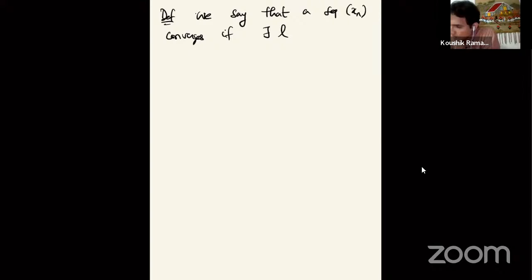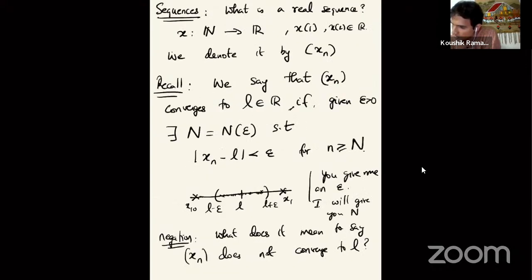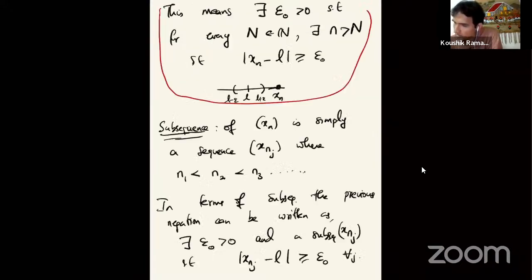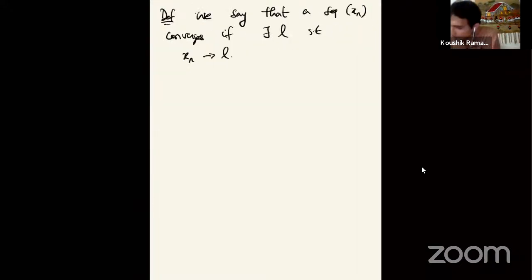We say that a sequence xn is a convergent sequence if there is an L such that xn converges to L. Okay, so here the notation, which is a common thing: if xn converges to L, the notation will be xn goes to L. So xn is a convergent sequence if there is some real number that it converges to.